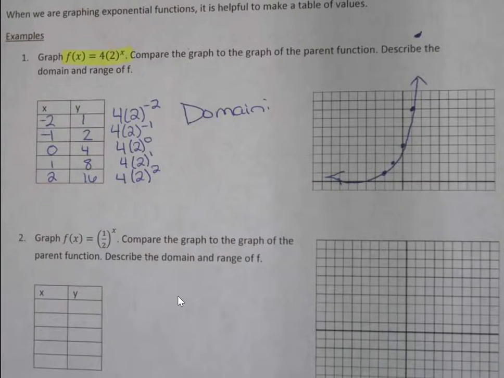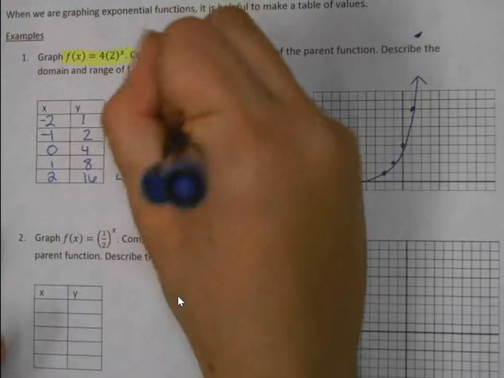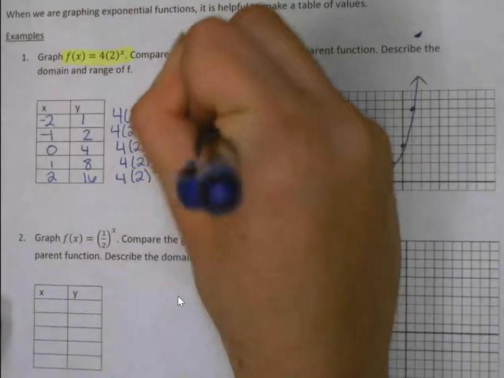X. It's not just the numbers I plugged in because I've got arrows going both ways. Because I have arrows going both left and right, it's going to touch all of the x values, right? So the domain here is all real numbers.